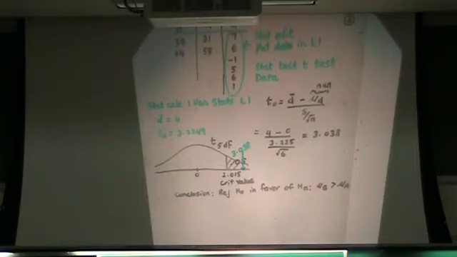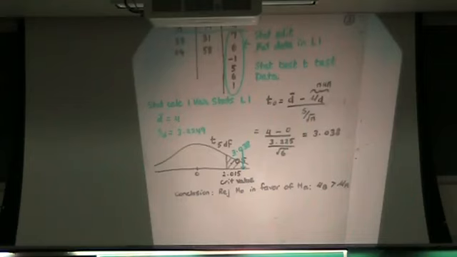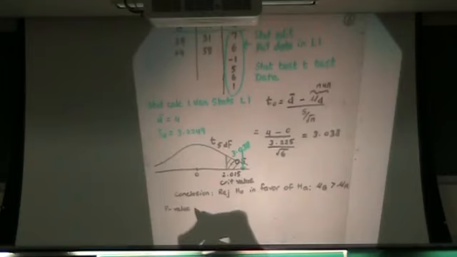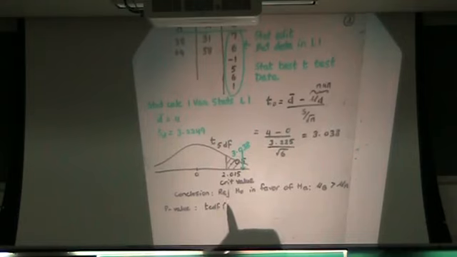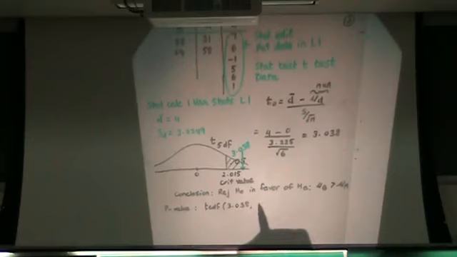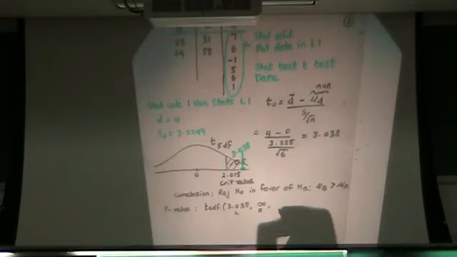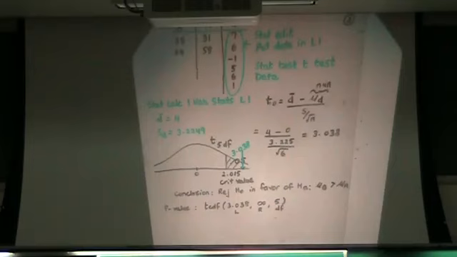Could I do a confidence interval for this problem? The answer is no, because it's not two-sided. No confidence interval. Let's find the p-value. Well, it's a right-sided t-test. So p-value would be t-CDF, left endpoint 3.038, right endpoint infinity, and degrees of freedom 5. What do we get when we do that?